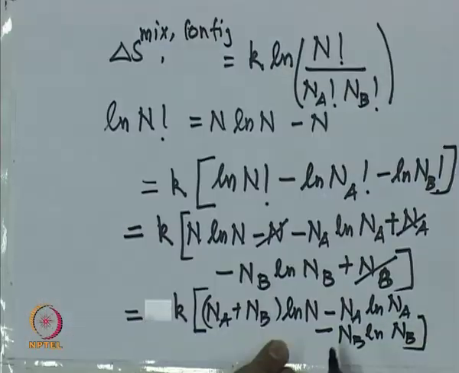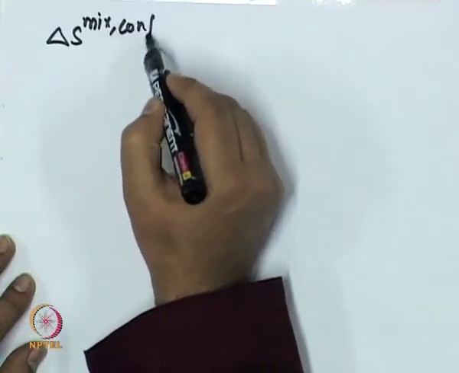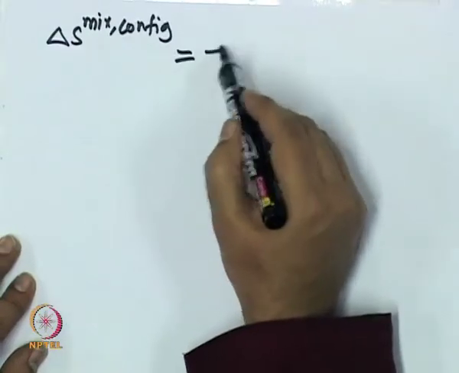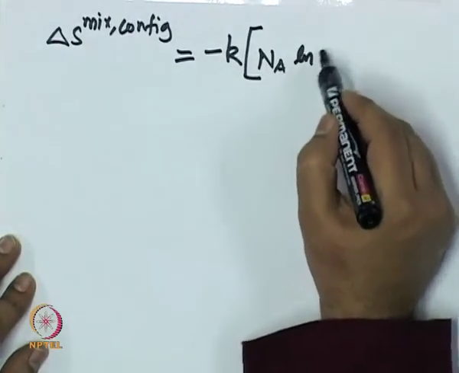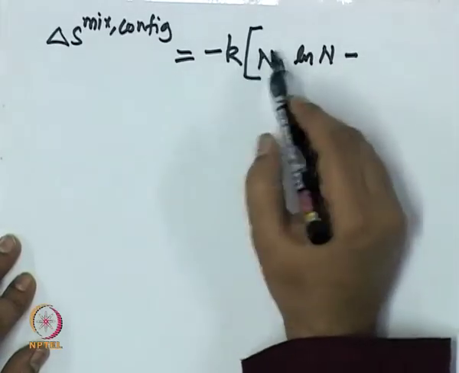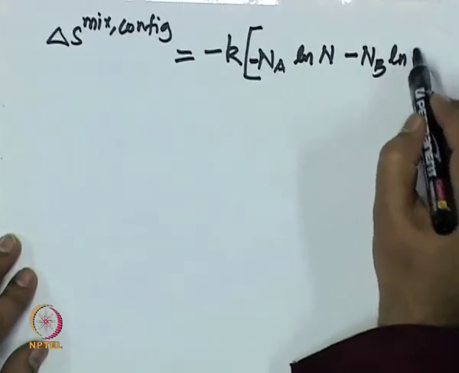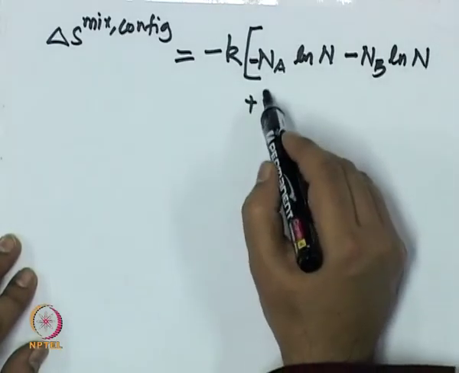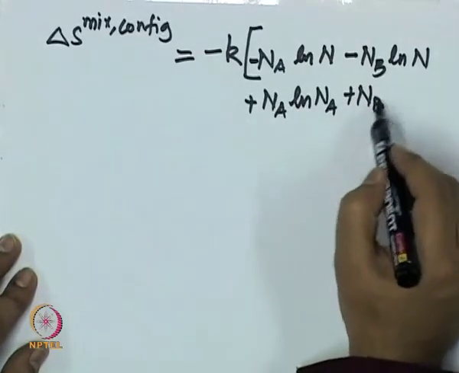So, let us expand and do a little bit of algebra. What do we get? We get delta S mix configurational is nothing but minus k, Na log n, sorry, the minus is pulled out. So, this is minus Na, minus Nb log n plus Na log Na plus Nb log Nb.